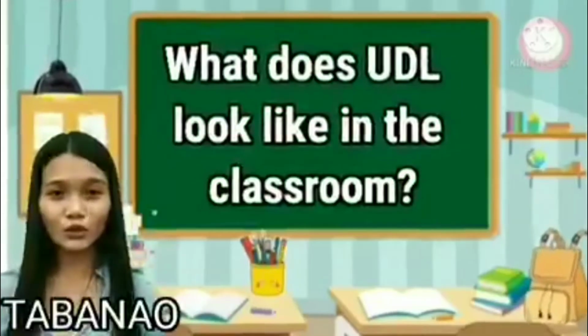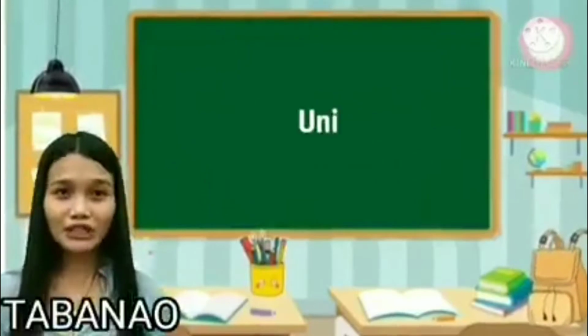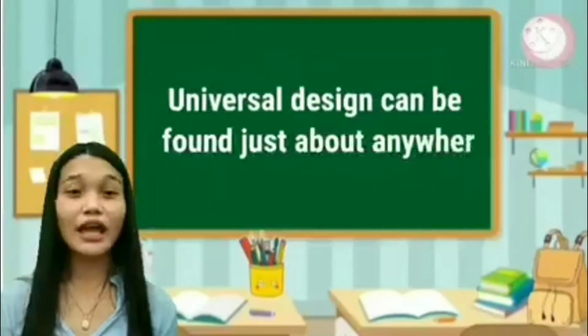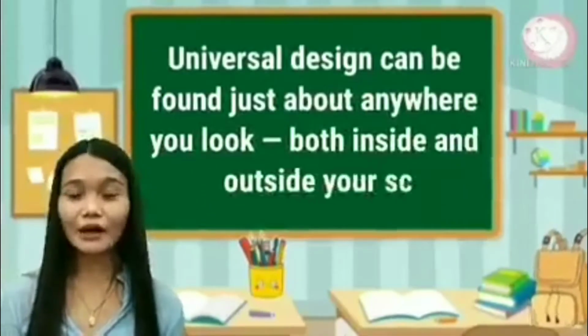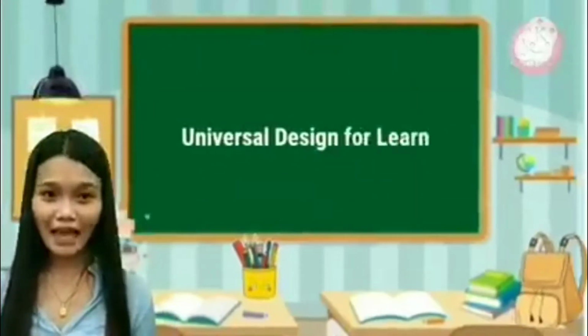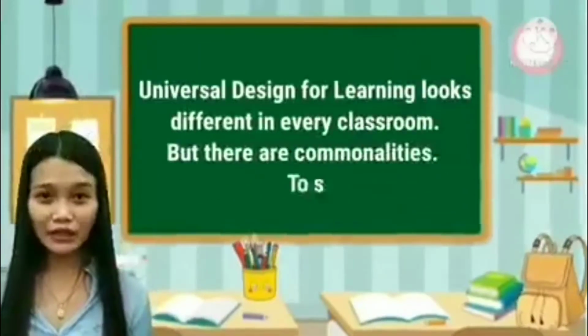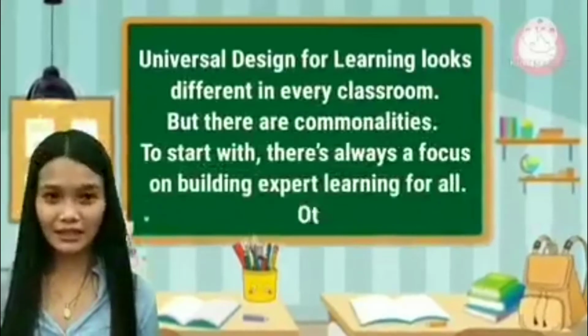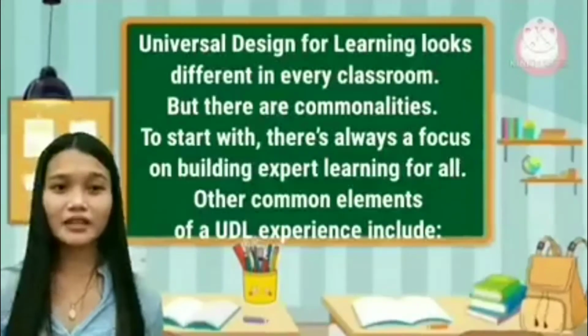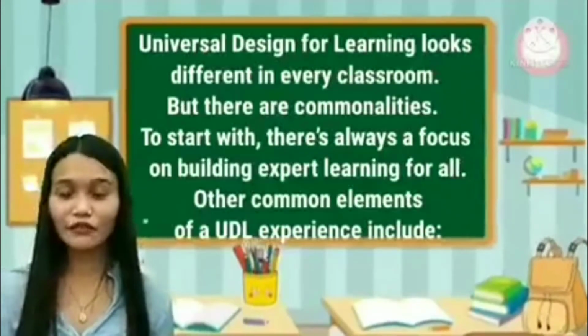What does UDL look like in the classroom? Universal design can be found just about anywhere you look, both inside and outside your school. Universal Design for Learning looks different in every classroom, but there are commonalities. To start with, there's always a focus on building expert learning for all.